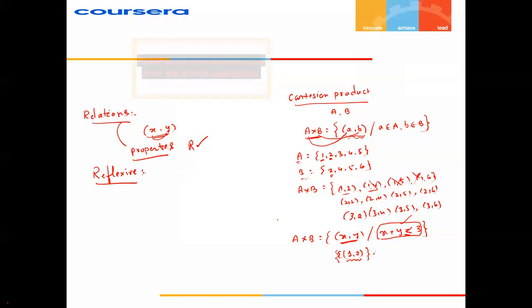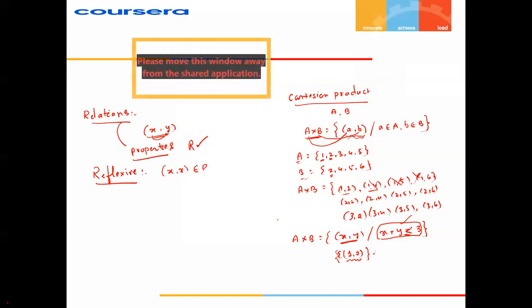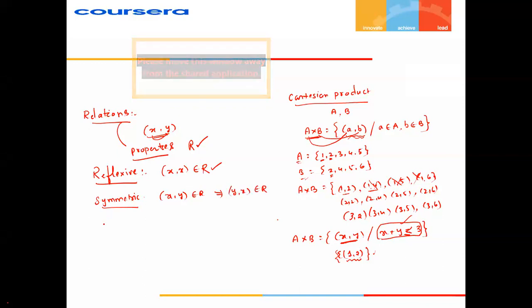We say the relation is reflexive if for every element x, the pair x comma x belongs to R. Next is symmetric. We'll try to understand this with an example. Whenever x comma y belongs to R, it implies y comma x belongs to R. Okay. Then the transitive property.